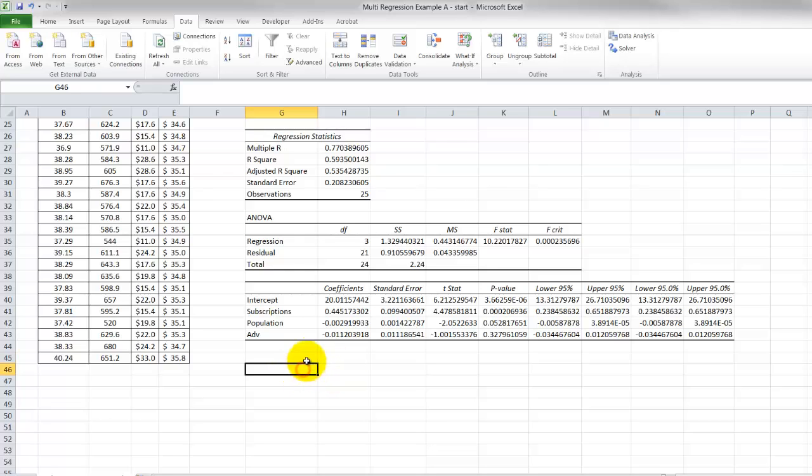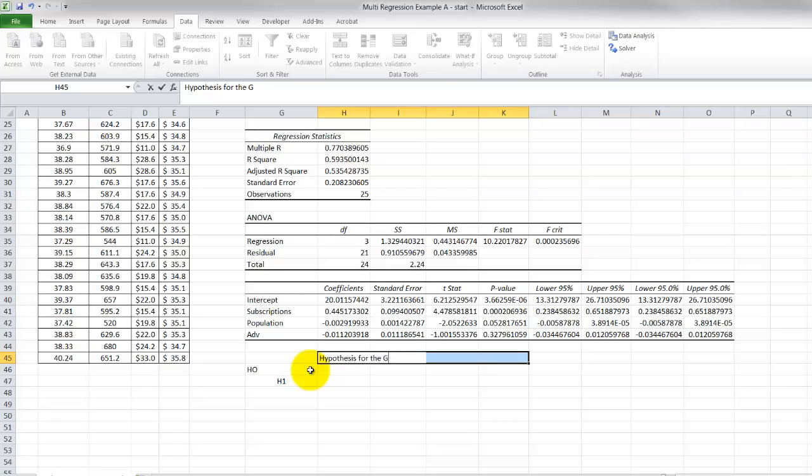So why don't we document this down here? We have H0 and H1, and we're going to document the hypothesis for the global test, not text, but test.